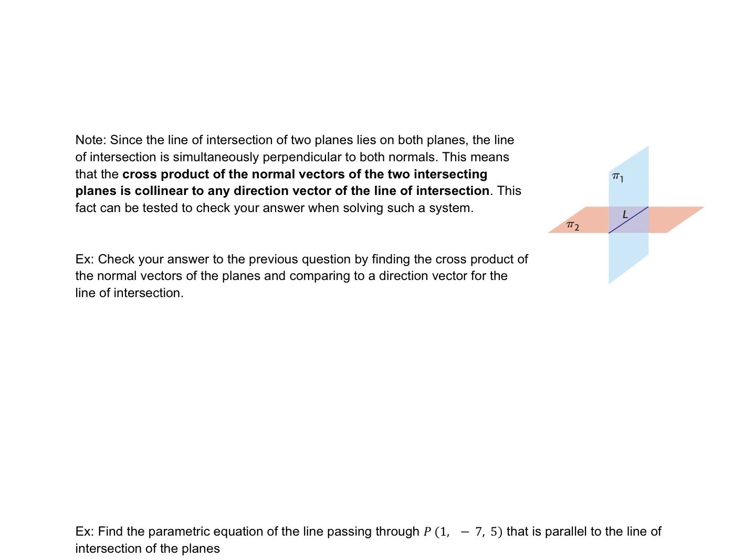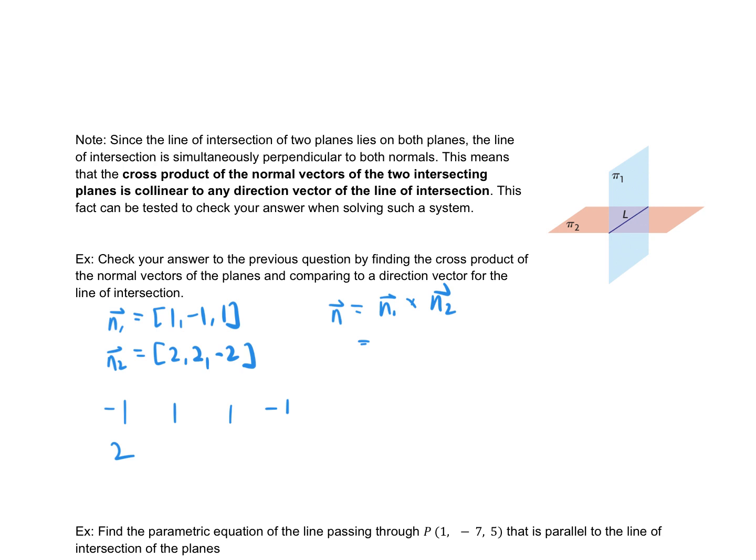Now, in the previous question, our first normal was 1, negative 1, 1, and our second normal was 2, 2, negative 2. Let's take this cross product. So I'm going to put negative 1, 1, 1, negative 1, 2, negative 2, 2, 2. Okay, so that's 2 minus 2 is 0. 2 minus negative 2 is 4. 2 minus negative 2 again is 4.